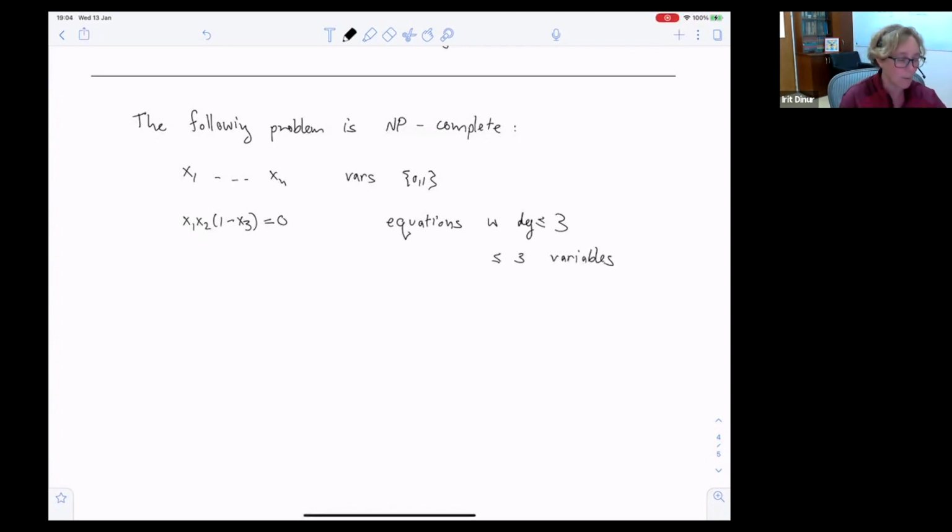And what is the problem here? You get a system of such equations over your variables. And the question is, is there a solution? People who are familiar with this know this is a very simple way to encode 3-SAT, which is a famous NP-complete problem. So what does it mean that it's NP-complete?